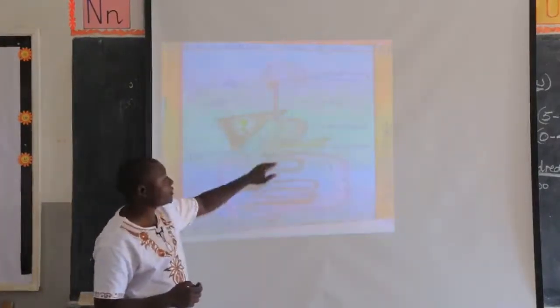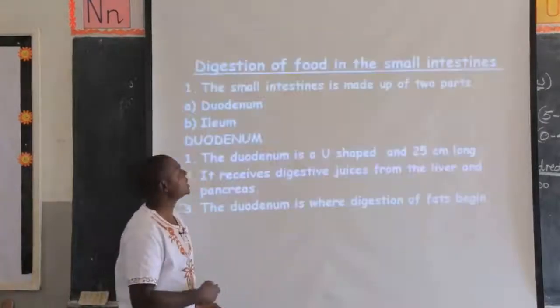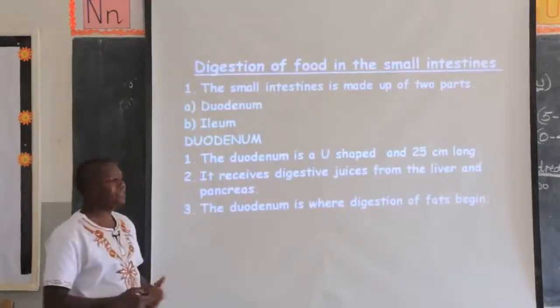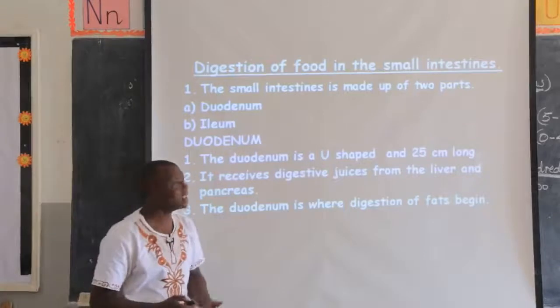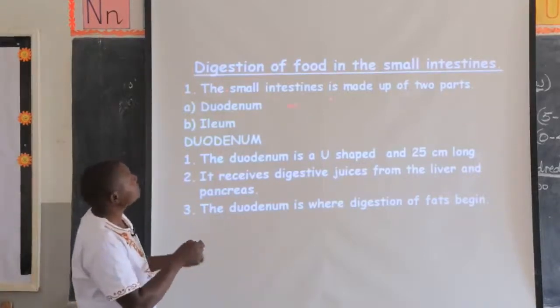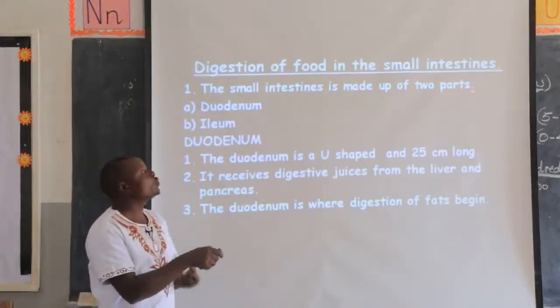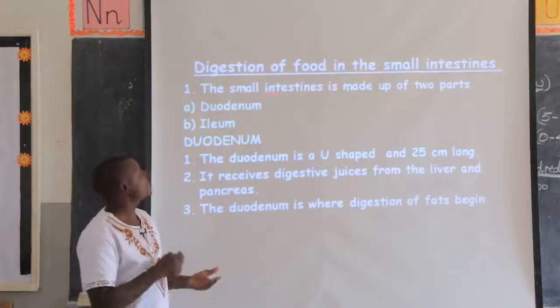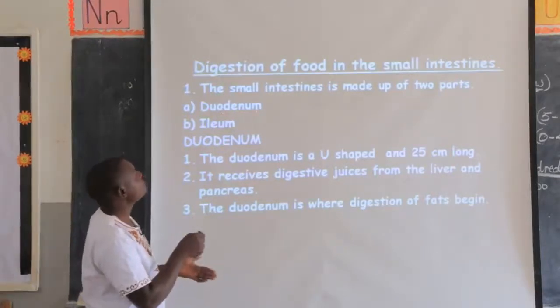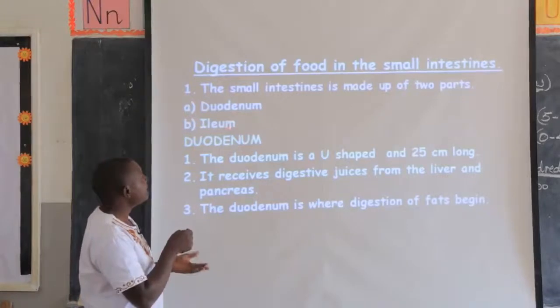So we are going to look at food in the small intestines. What do we need to know about the small intestines? One, the small intestines is made up of two parts. What are those parts? The duodenum and the ileum.